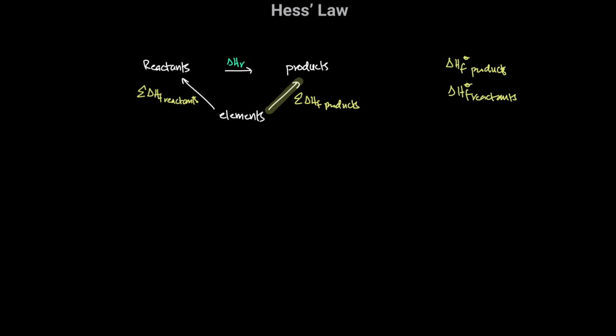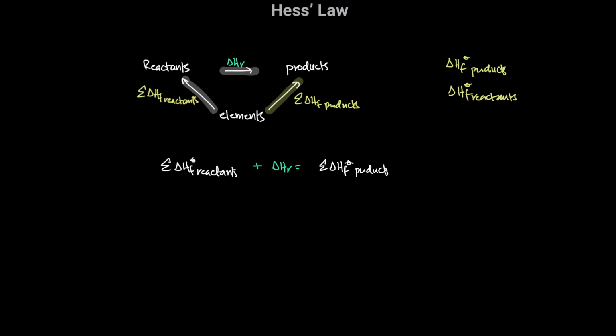So what I can say here is that the sum of the formation enthalpies of the reactants plus the enthalpy change of the reaction itself, which is what we want to find, is equal to the sum of the enthalpy changes of formation of the products.